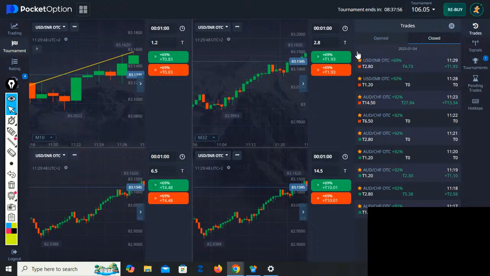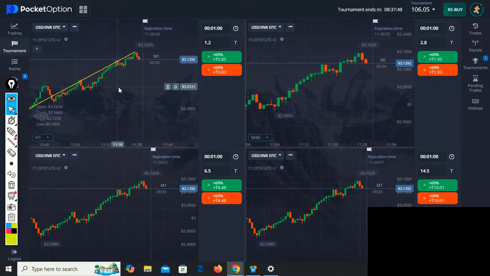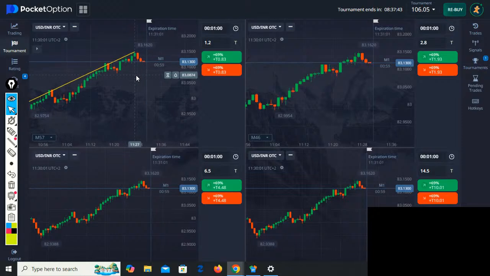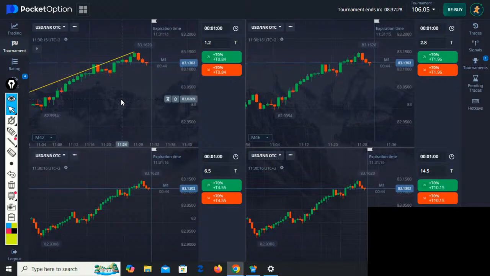If not, we'll find another pair with a high payout also. This was actually a nice pair to trade. 70%. All right, let me find something else.